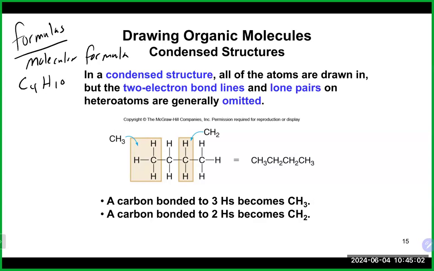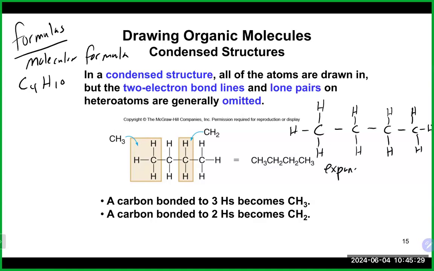There's also a way that you can draw that out, and you could draw out all the hydrogens that are basically attached. This is what is sometimes referred to as the expanded structural formula. You basically draw out all the hydrogens.